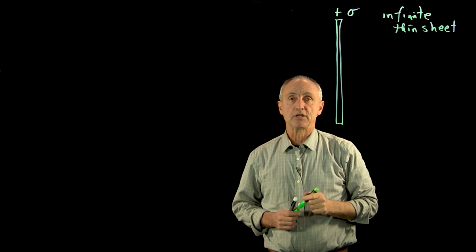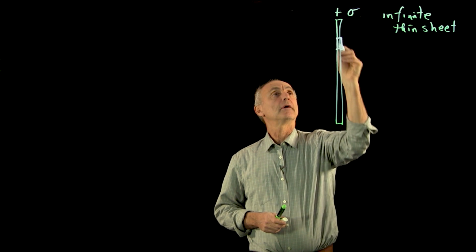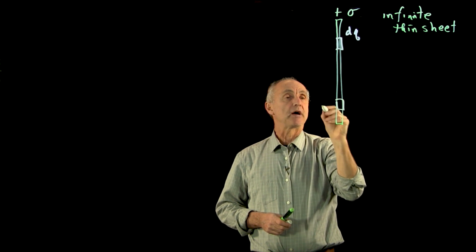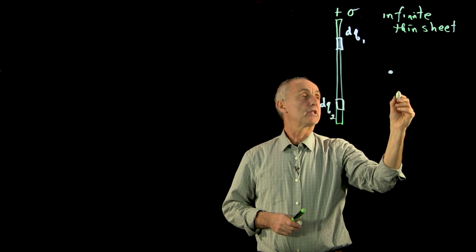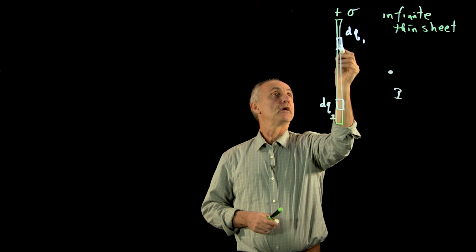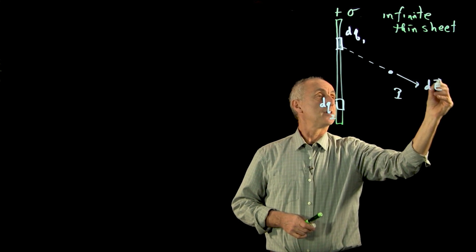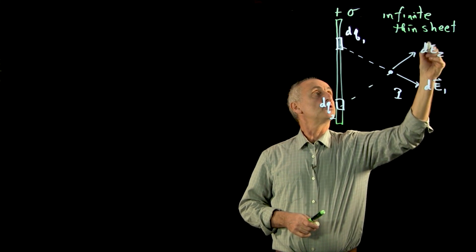Now, the first argument is by symmetry. If we picked a little piece up here, dq1, and another piece down here, dq2, and we looked at a point P over here, this piece is producing an E field dE1, and this piece is producing an E field dE2.